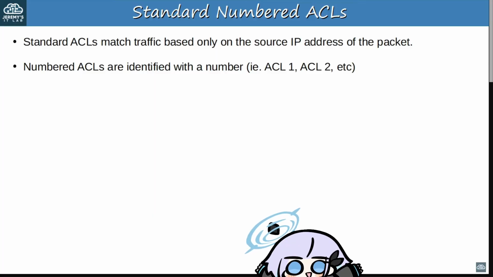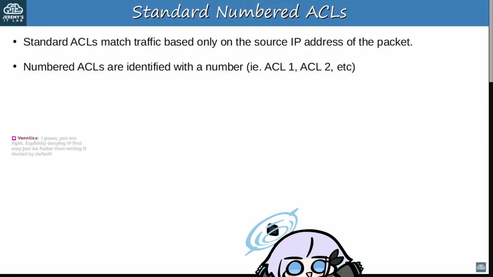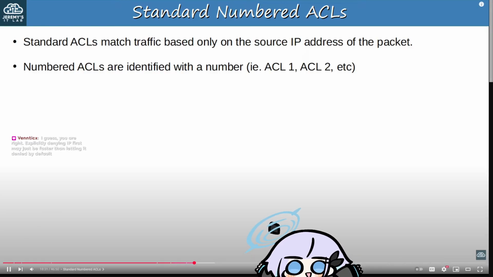Numbered ACLs are identified with a number. You can, of course, configure multiple ACLs on a single router, so you need to identify each ACL. Numbered ACLs use a number like ACL 1, ACL 2, etc. There are also named ACLs, which I'll introduce later.